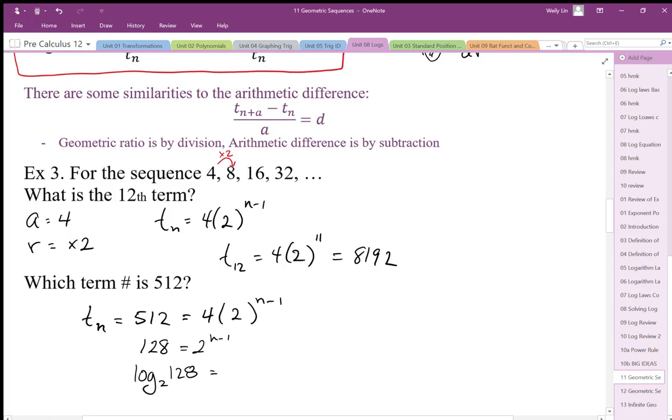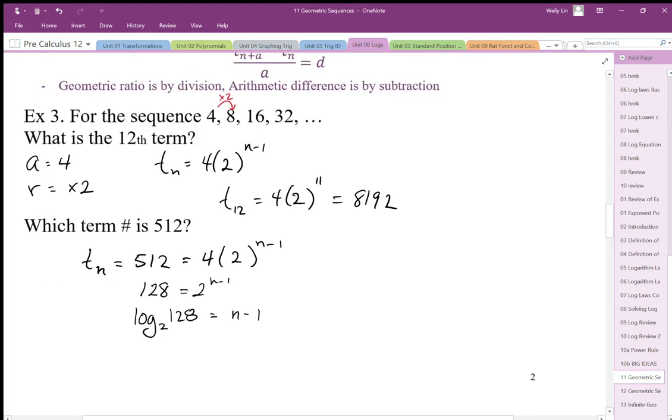That's going to be equal to n minus 1, and then solving that log, I should know my powers here, 2 to the power 7, I think it is, so this value is equal to 7. So there are 7 steps, so n must have been 8. We ended up at n equals 8 to get to 512.